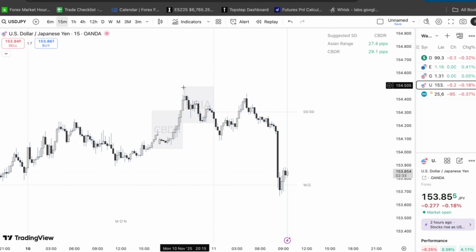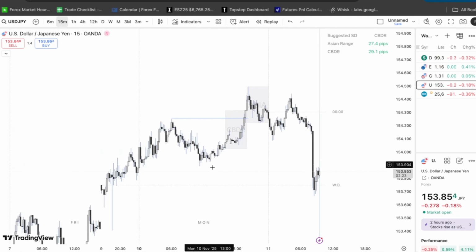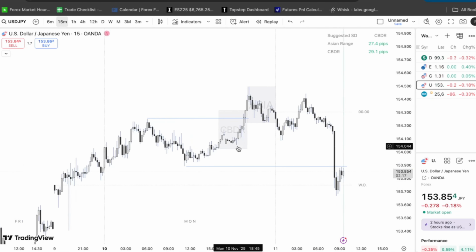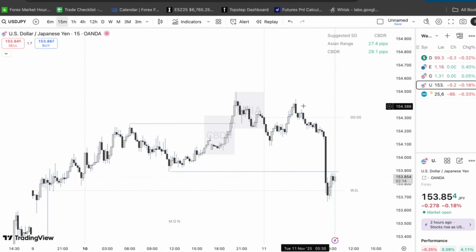We have then spiked central bank dealing range highs out, meaning liquidity has been taken from the top. What we can then understand is price may want to then come down and take our sell side liquidity, which is this low down here. And as you can see, this would have been our entry just because we are selling price from a premium standpoint.